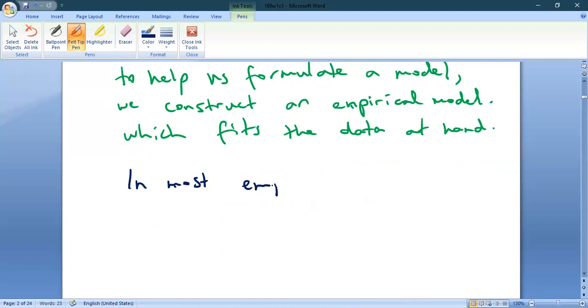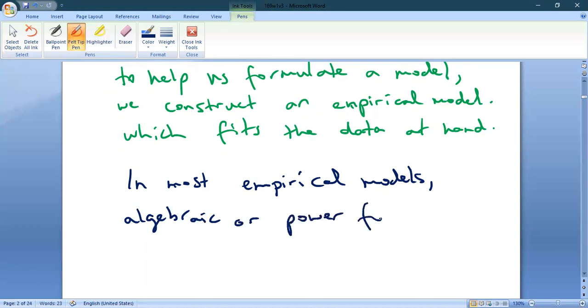In most empirical models, we will have algebraic or power functions.